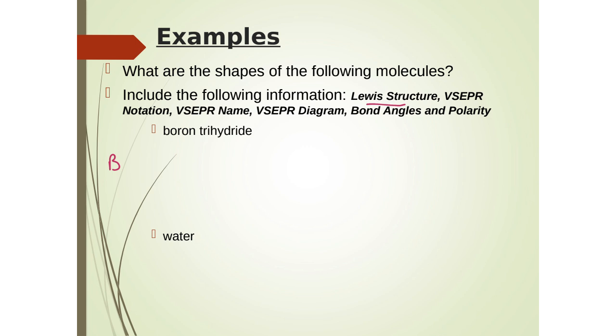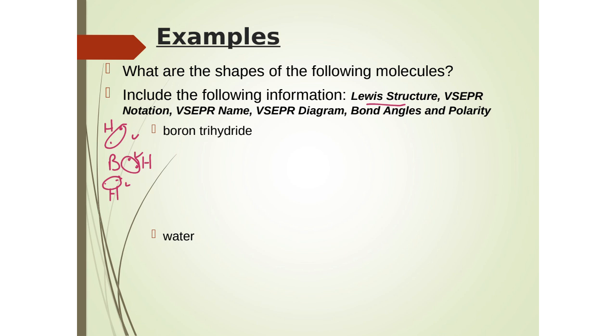For boron, boron has 3 valence electrons, and we're trying to bond in a hydrogen. A hydrogen has 1 valence electron, so we'll make a bond there, a bond here, and another bond right here. And remember, we now are most worried about the central atom, and we count up the regions of electrons. So I have a region of electrons here, here, and here.